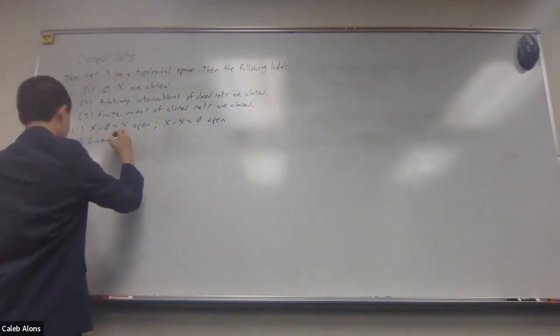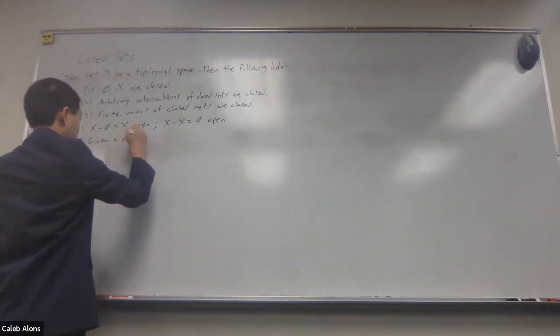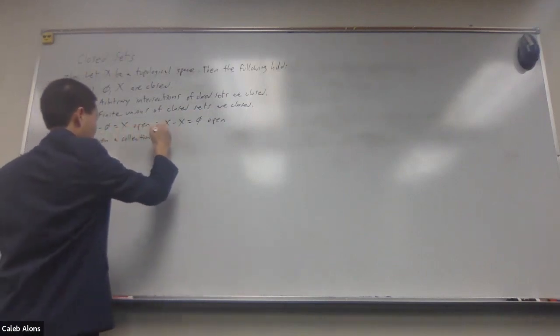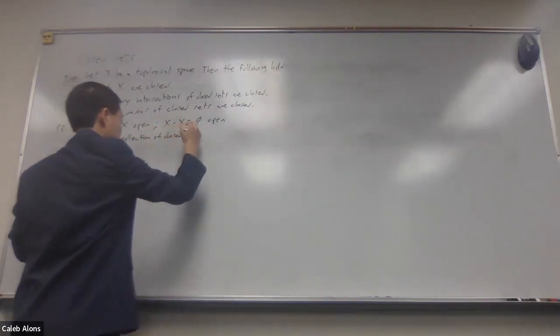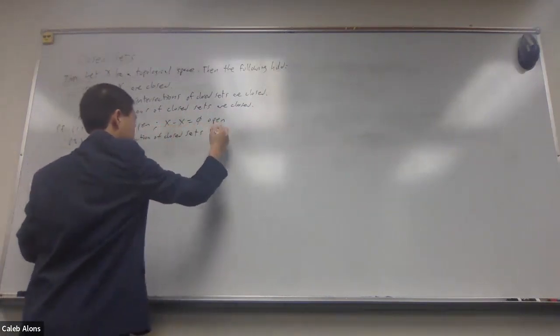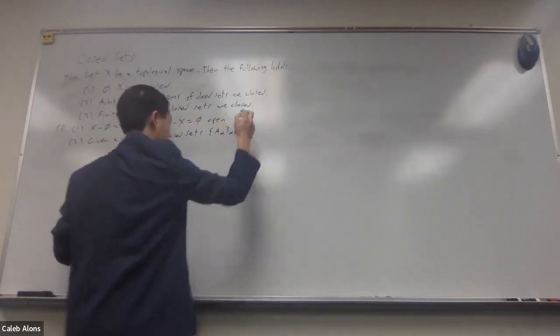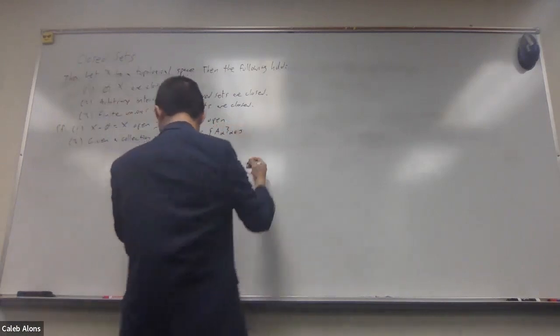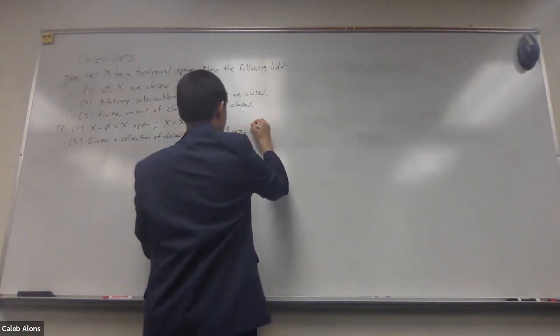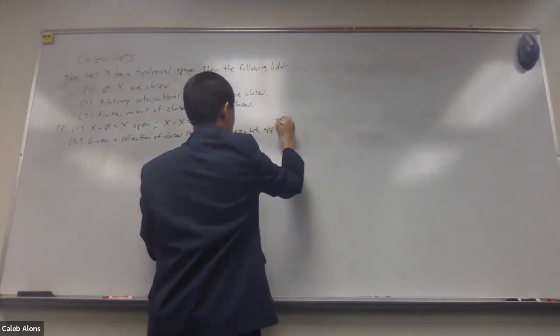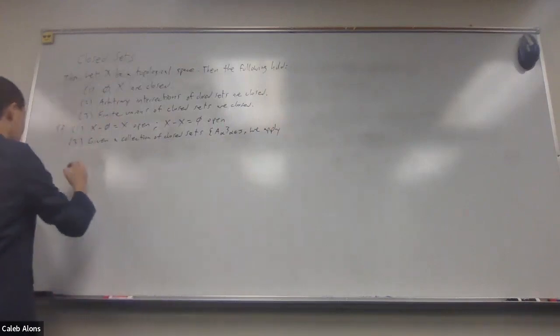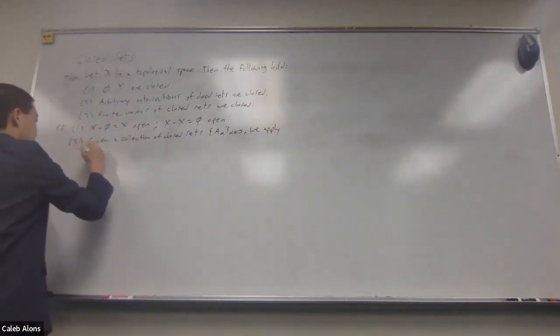So given a collection of closed sets, we can index it over some indexing set J. We apply De Morgan's, and De Morgan's becomes useful.